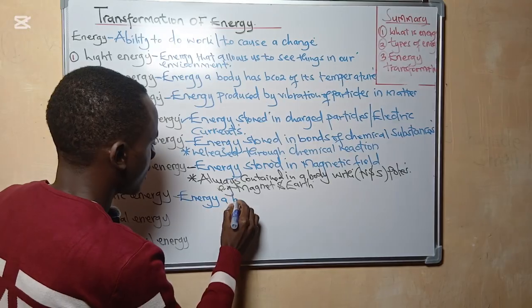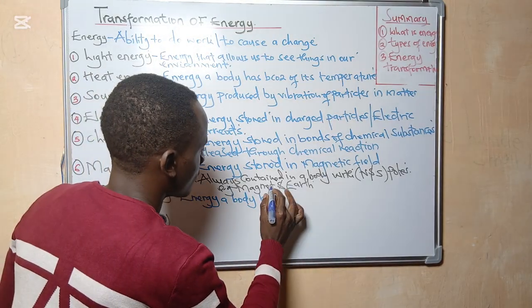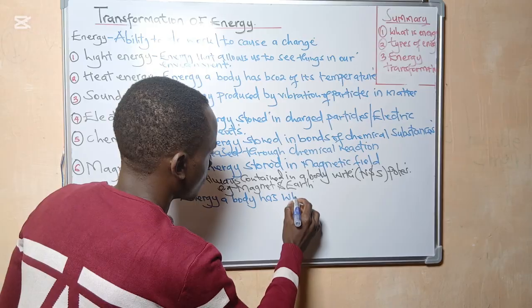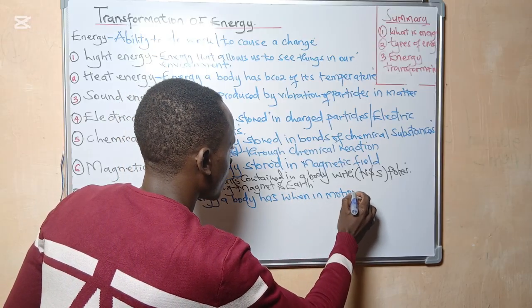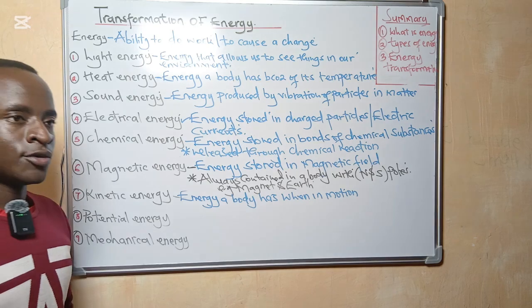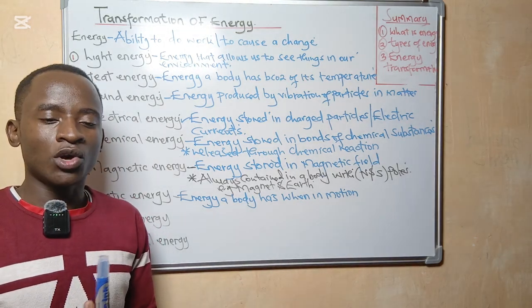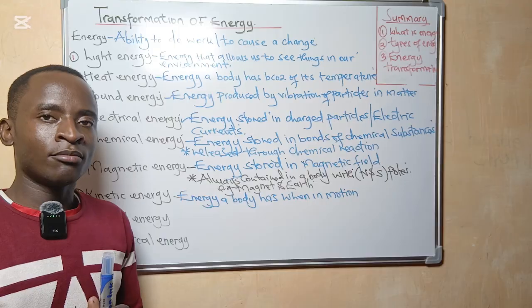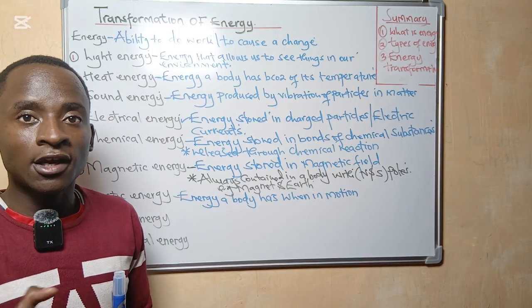Energy a body has when in motion. You are holding a ball in your hand, potential energy. When you release the ball, it now gains kinetic energy because the ball is in motion.